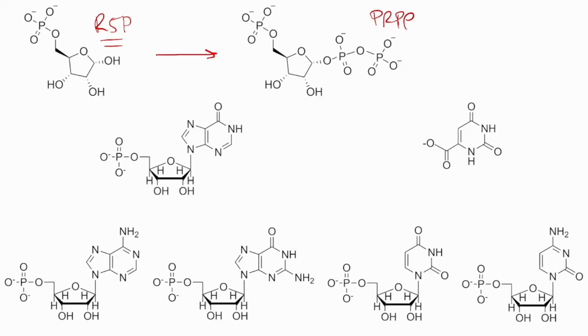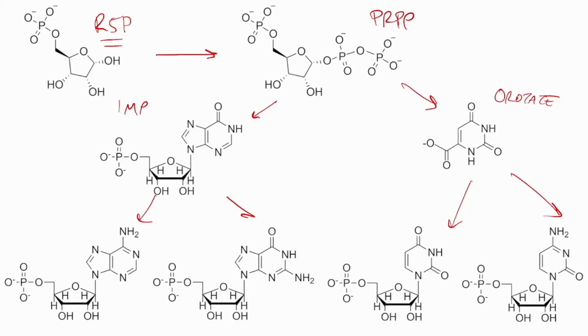We are then going to take one of 2 basic routes. We are either going to build this molecule orotate and then glue it onto a PRPP, and that is going to make our pyrimidine bases. Or we're going to take our PRPP and build a molecule called IMP on top, and then use that to build our purine bases.